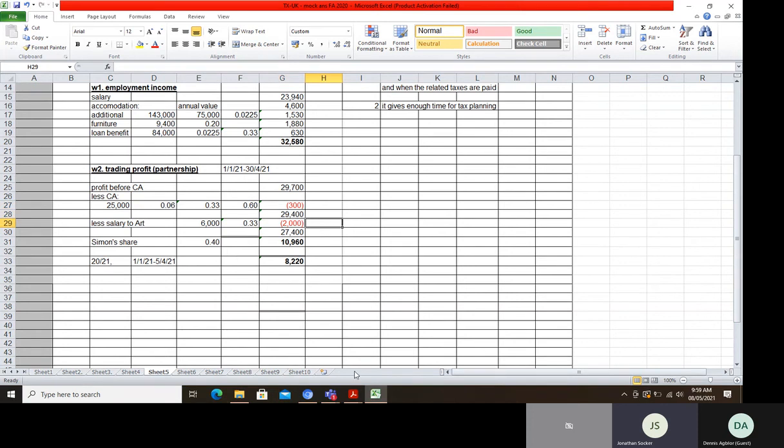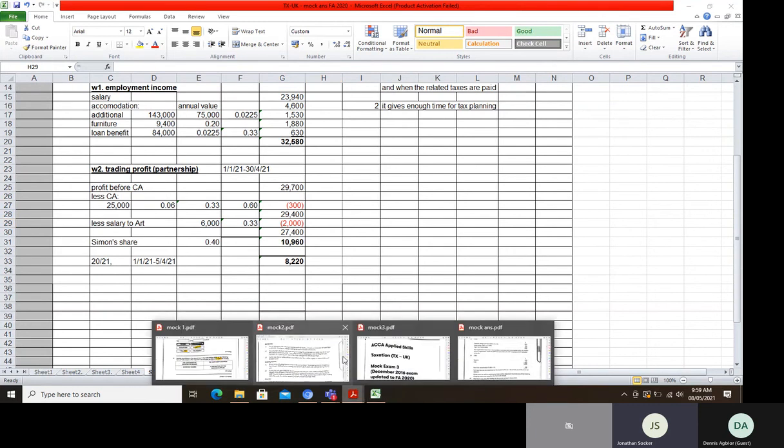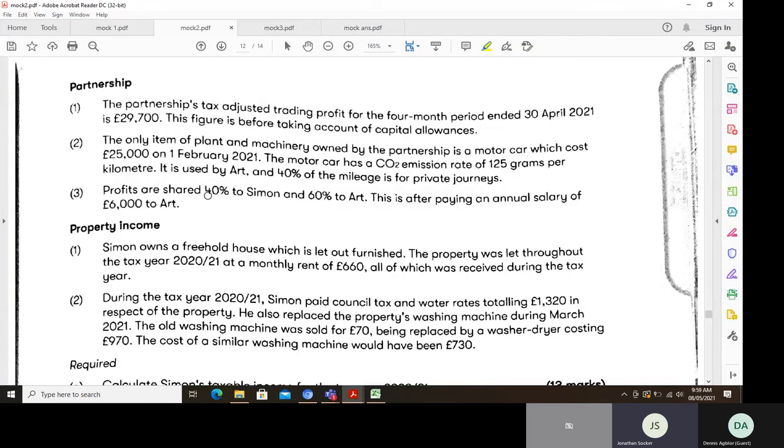Then don't forget, I think there's additional information. The last portion is that profit are shared 40 to S. So S is the subject here, 60 to A. This is after paying annual salary of 6,000 to A. So it means that before we share the profit, A will be taking salary of 6,000 for a year, but we didn't trade for a year, so we have to apportion the salary that will go against the 4-month trading period.